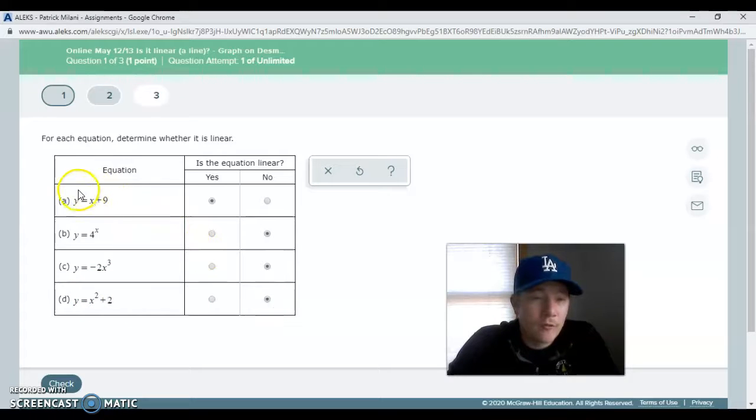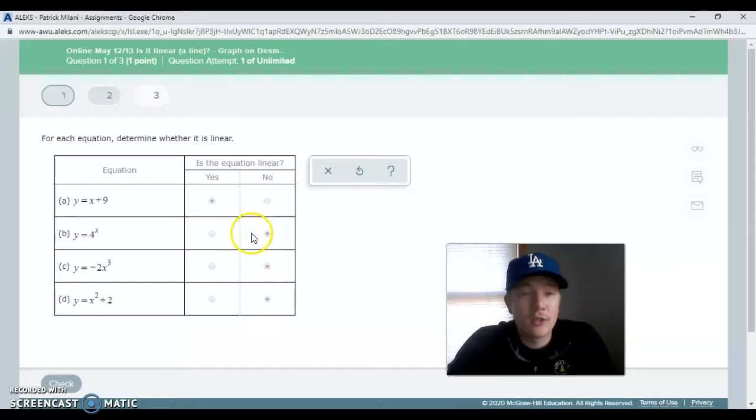Okay, so here for this y equals x plus 9, that's just a plain old x. Technically, that exponent is a 1 on there, but there's no exponent that we're writing. It's not squared, it's not cubed, it's not to the x power. There's no exponent written above that variable x, so then it's linear. Any type of exponent that's visible in the equation means it's not going to be linear.